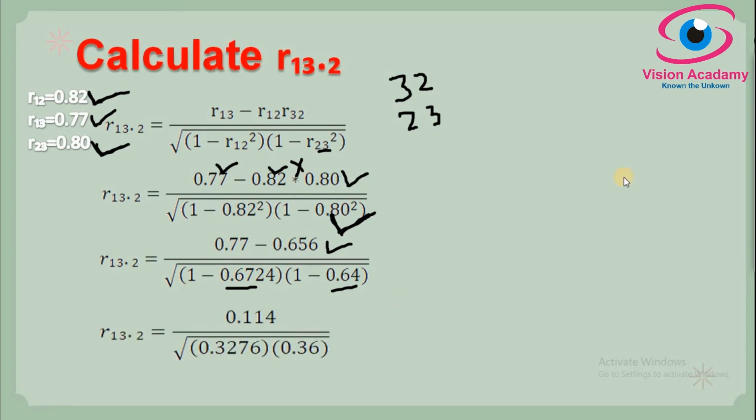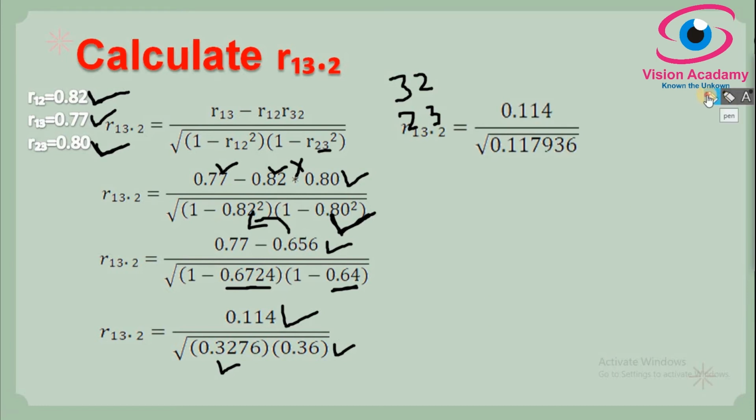Firstly, in the numerator I have subtracted 0.656 from 0.77, that is 0.114. In the denominator I have subtracted 0.6724 from 1, that is 0.3276, and here 0.64 from 1, that is 0.36. Next simplification is, in the denominator I have multiplied these two values.